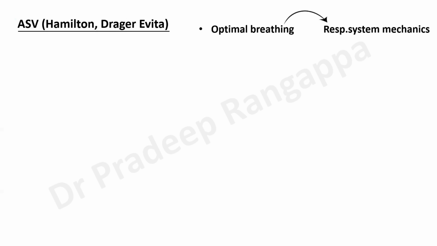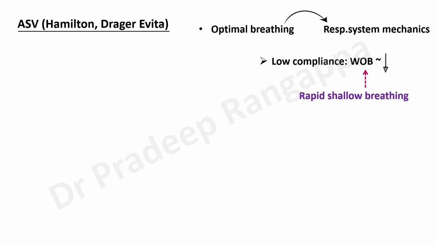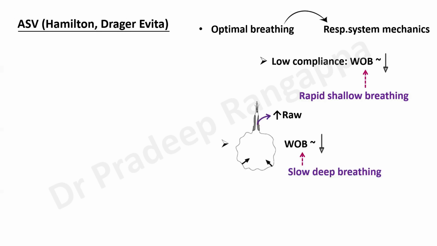Adaptive support is where breathing optimization happens commensurate to the respiratory system mechanics. When there is low compliance, typically in ARDS, the compensatory mechanism to reduce the work of breathing is rapid shallow breathing. And in patients with high resistance, your work of breathing can be reduced by slow deep breathing, because you need a prolonged expiratory phase.